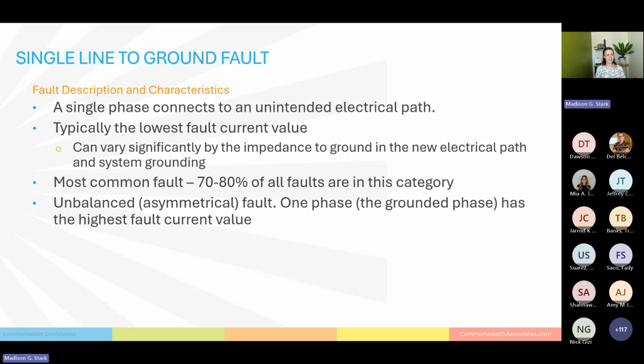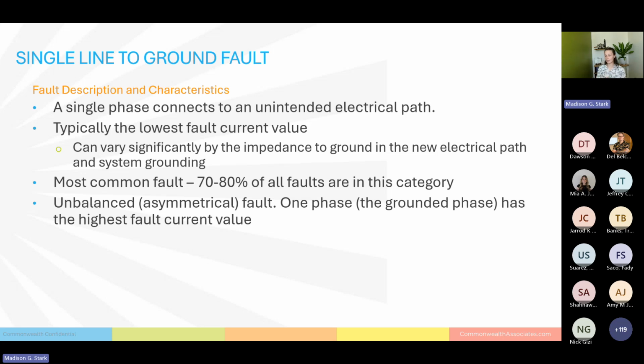So the first fault is a single line to ground fault. This is by far the most common fault that you'll see. 70 to 80% of all faults are in this category. So this is the heavy hitter, and it is exactly what it sounds like. A single phase in your circuit connects to an unintended electrical path to ground.